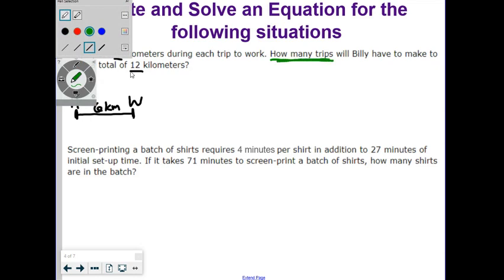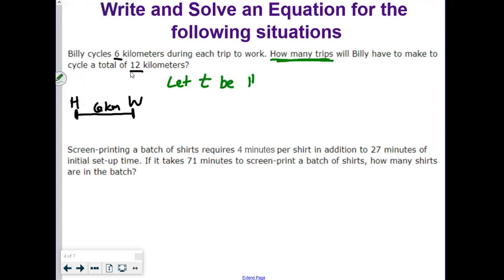So first, let's let t, lowercase t, be the number of trips. Okay. And then to find out the total distance you go, you would take the number of trips times the distance that we go every time.